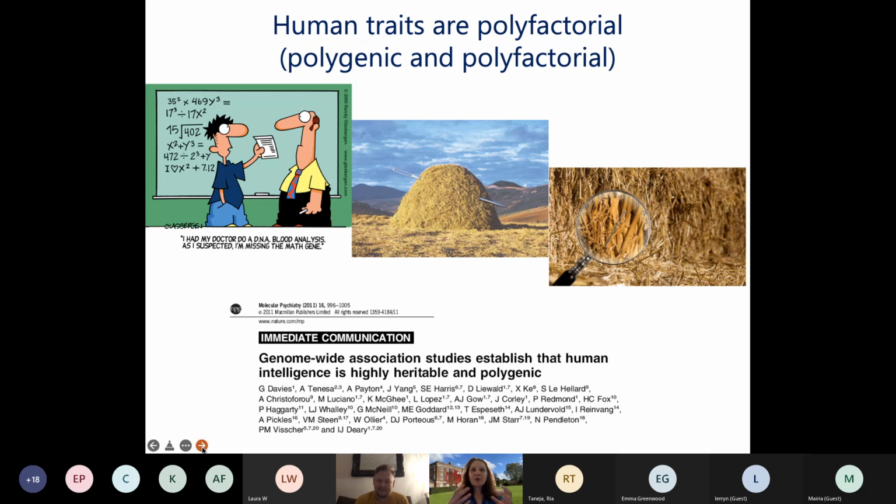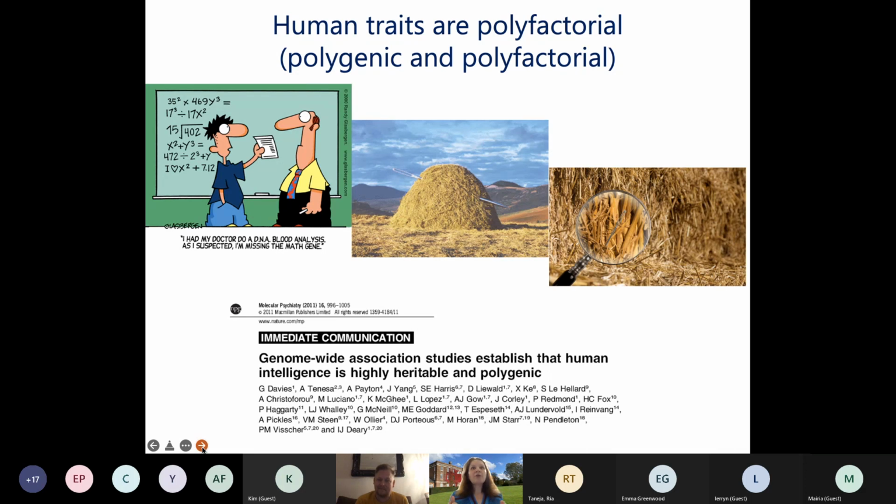Because today, from a lot of recent research, we know that human traits are polyfactorial, with multiple factors: many genes and many environments affect them. I wanted to say here poly-environmental. So many genes and many environments make a contribution to every human trait.